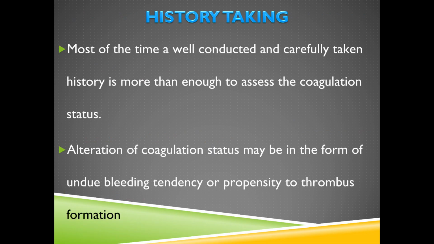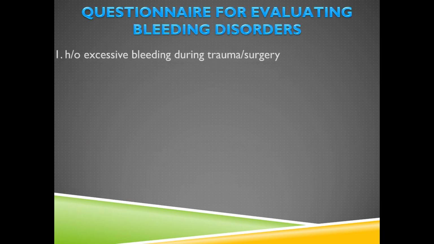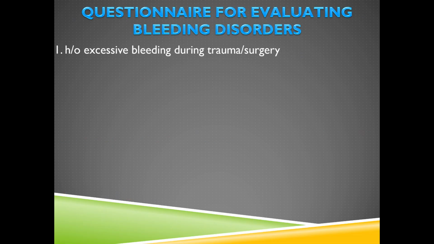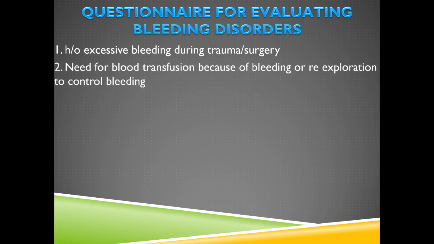So, the important history you have to take is to ask for any undue bleeding tendency or prothrombotic tendency. Questions that you ask: have you had excessive bleeding during trauma or surgery? Or even excessive bleeding during menstruation? Any need for blood transfusion because of bleeding, or re-exploration to control bleeding after a surgery?